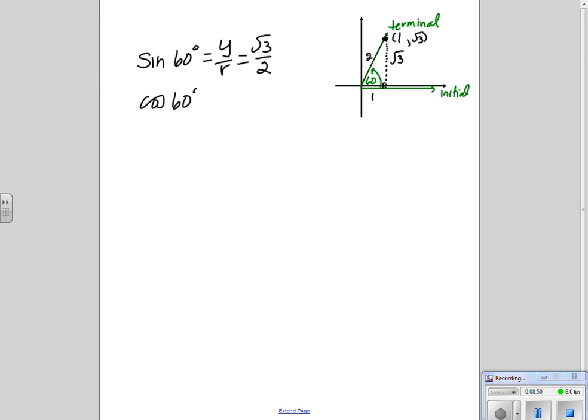Cos of 60 degrees is x over r. Let's look at our point. X value in the point is 1, and the r value is 2. And lastly, tan of 60 degrees is y over x, which is my y value from that point is root 3, and the x value is 1.